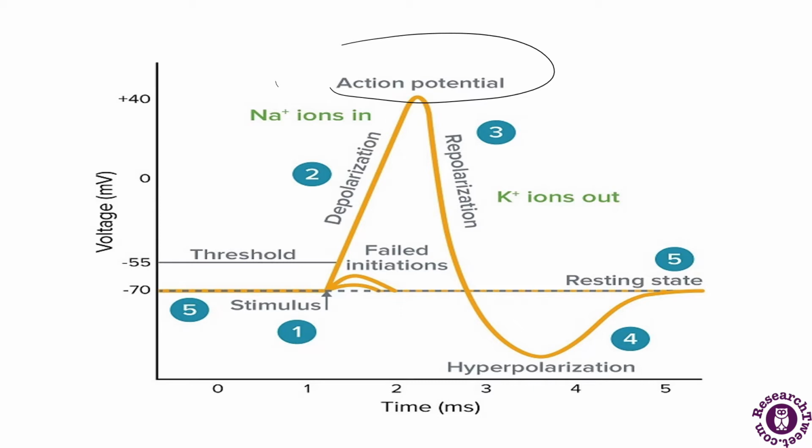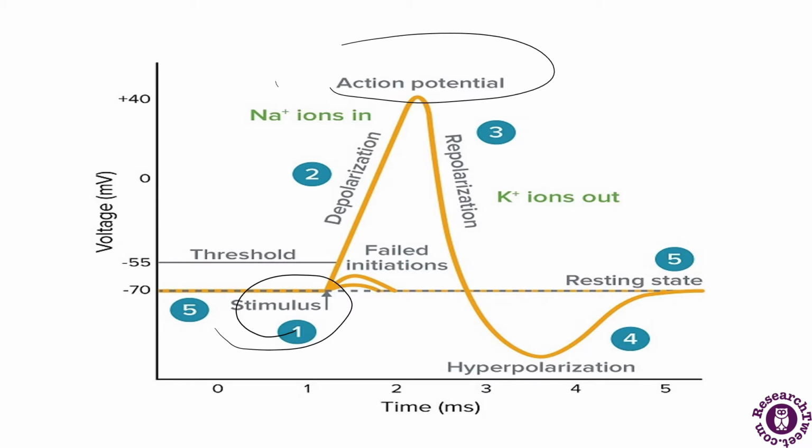Not all stimuli cause the action potential. There are adequate stimuli that must have sufficient electrical value which will reduce the negativity of the nerve cell to the threshold of the action potential. So here there is a stimulus. The first step is where the stimulus is there, and there are sub-threshold, threshold and super-threshold stimuli.